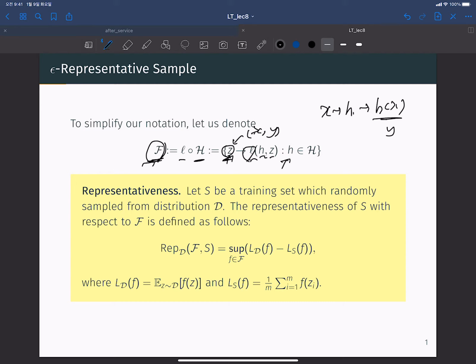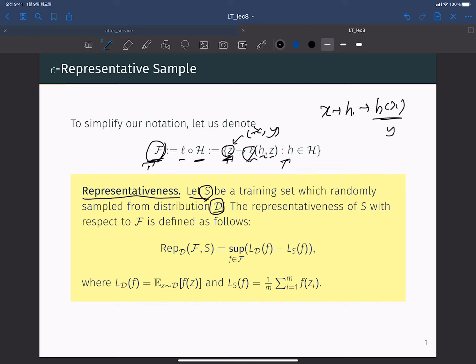For the F function class, we can define representativeness as follows. Let S be a training set which is randomly sampled from distribution D. There is a given data generation distribution D, and each time we randomly generate one single data point from this distribution D. If we want to make m training data points, we simply repeat the same random sampling process.